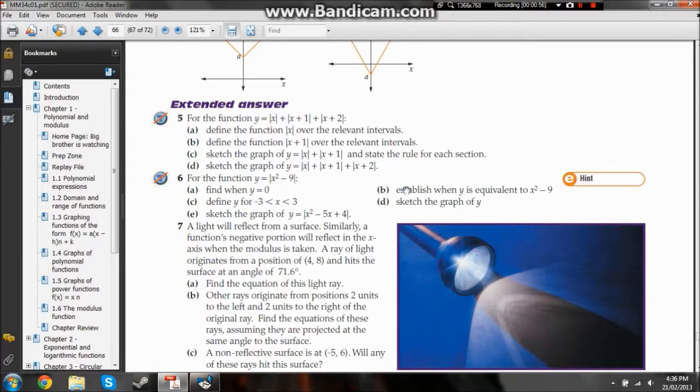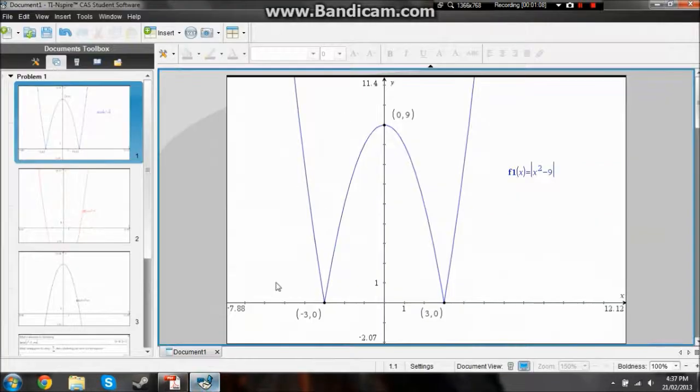For B, establish when y is equivalent to x squared take 9. What that question's asking is, when is the modulus function the same as this function without the modulus? If we look at the graph here, we can see that this is the modulus function, and if it's between these points here, the modulus function flips it around, but outside of these 2 points, the graph is normal.